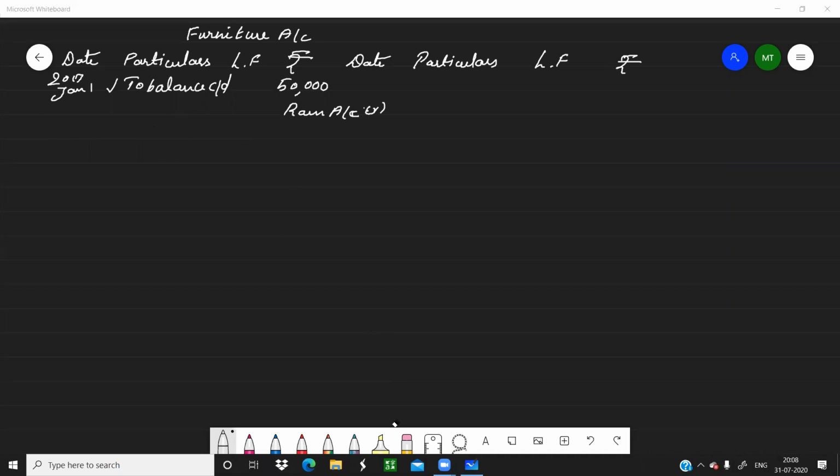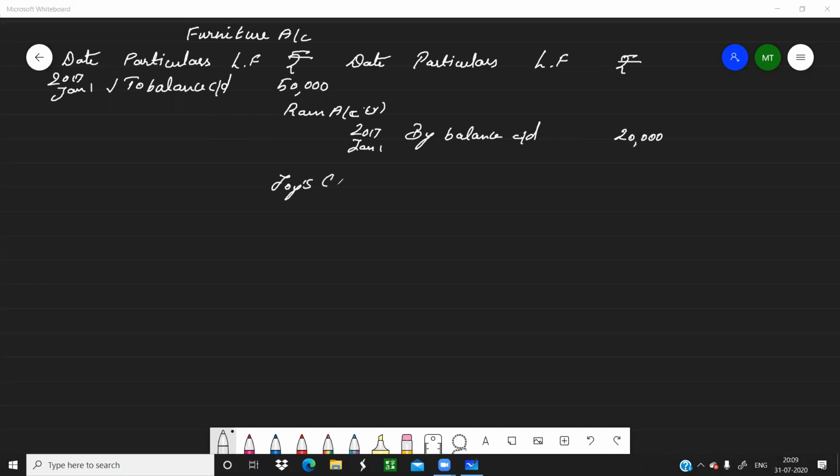So you write on the credit side. January 1, 2017. So by balance carry down. The amount is 20,000 rupees. That's all.